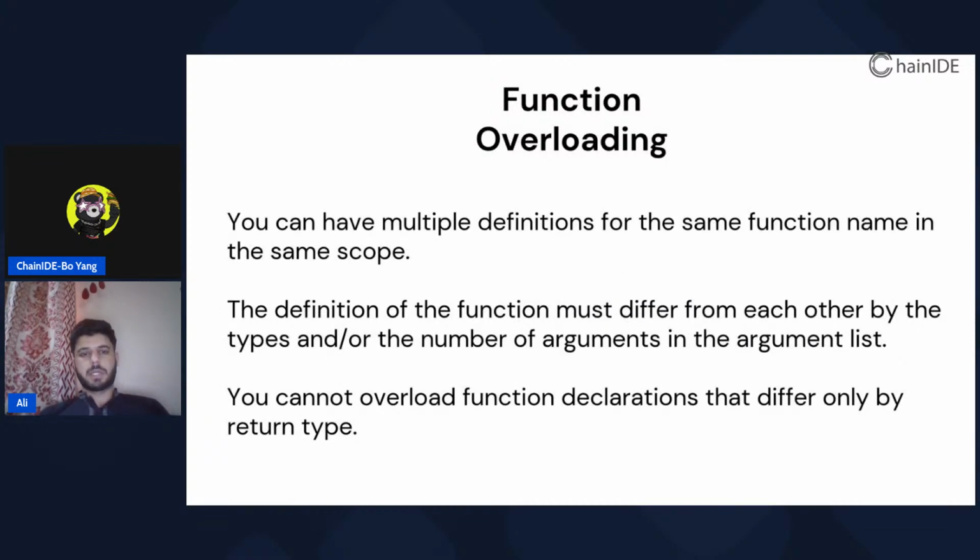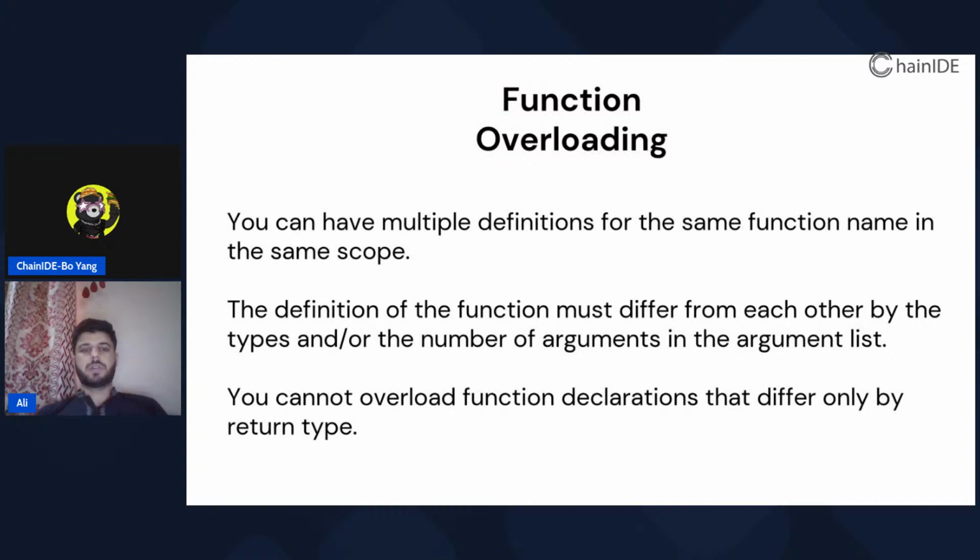Function overloading. Solidity supports function overloading like other programming languages such as Java and C++. You can define functions with the same name, but they should have different parameters. For example, the function name is sum. The second function is also named sum, but the first function takes two parameters and the second function takes three parameters.